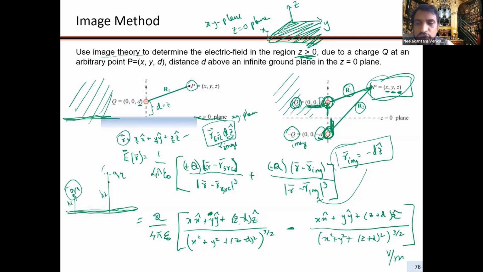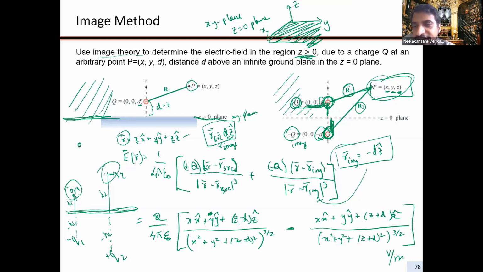You're going to have one image which is minus q1 here. But since the source is minus q2 here, this is going to be plus q2 here. But then this is going to be at negative h2. This is going to be negative h1.